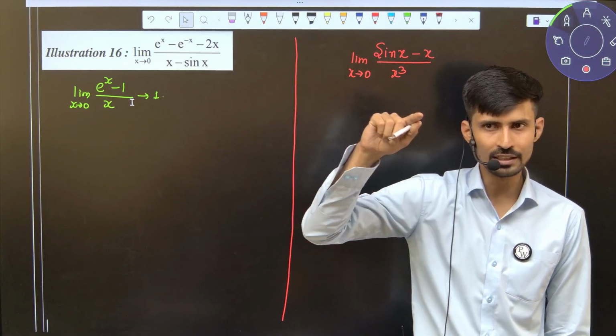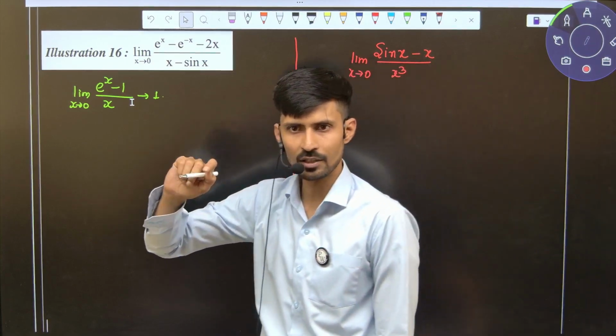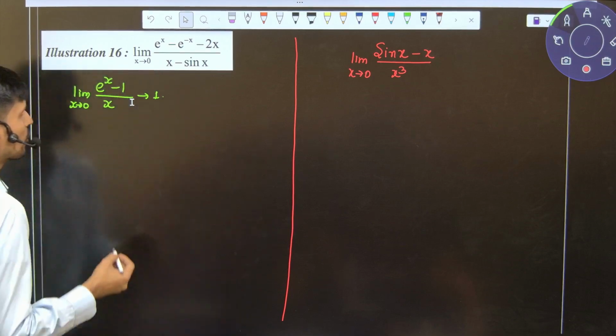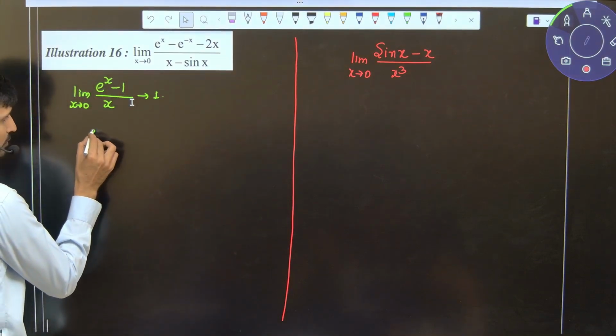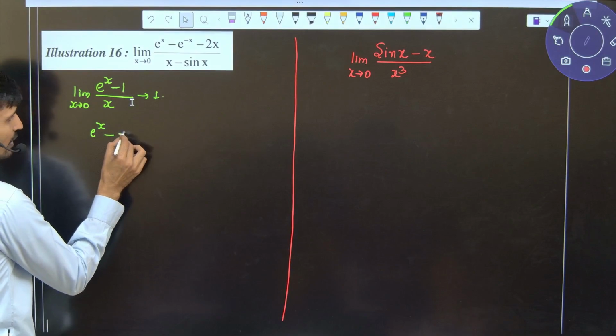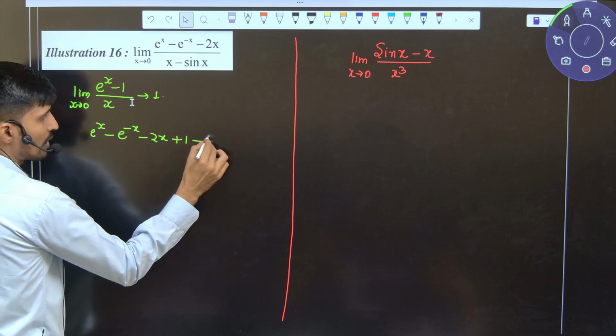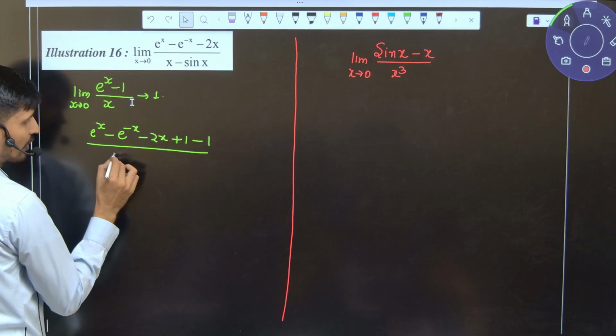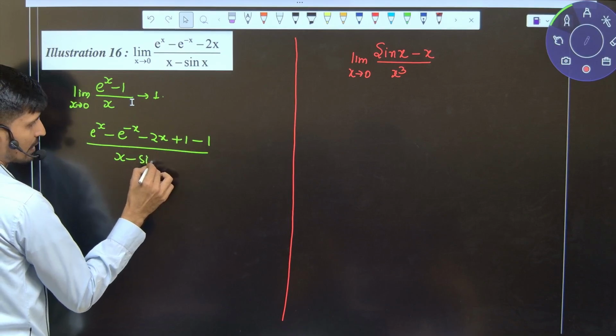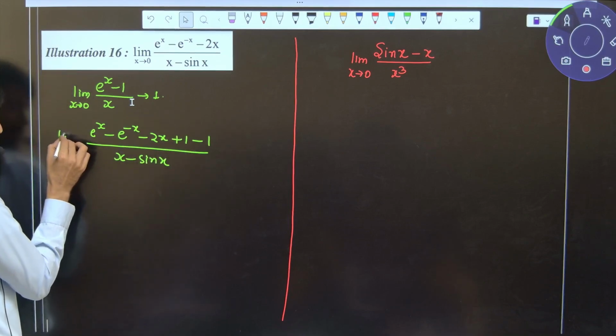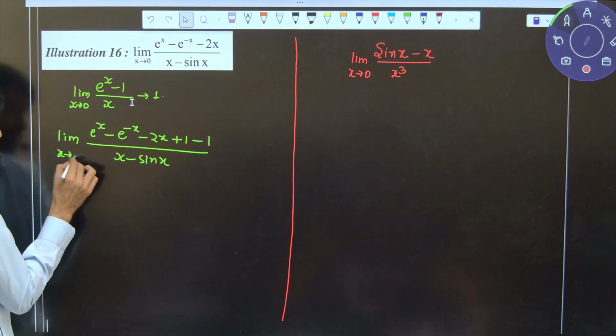Both are 1. So in that case, we have learned to add and subtract 1. So I am going to add 1. e raised to x minus e raised to minus x minus 2x plus 1 minus 1 upon x minus sin x, limit x tends to 0.